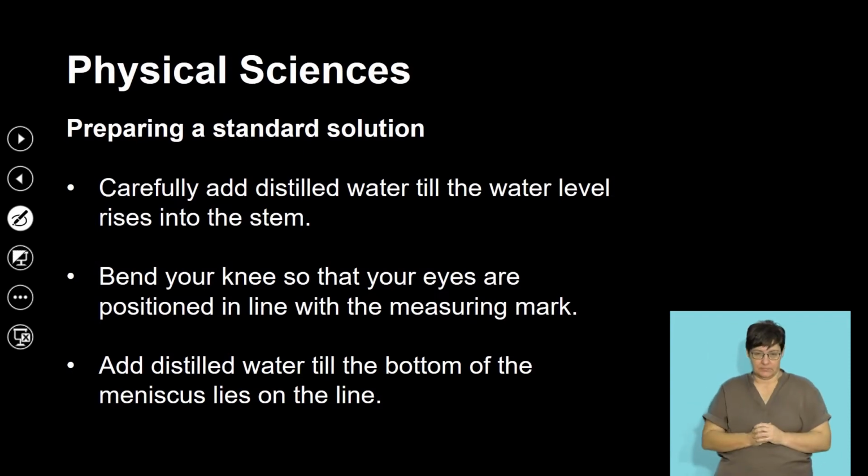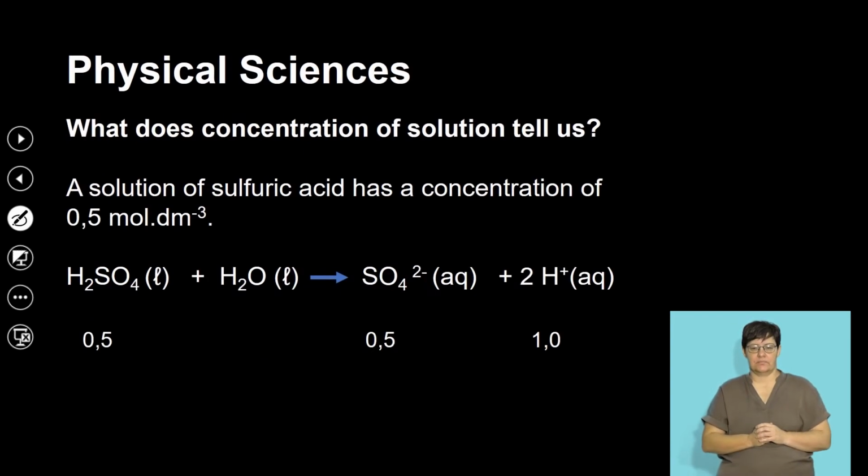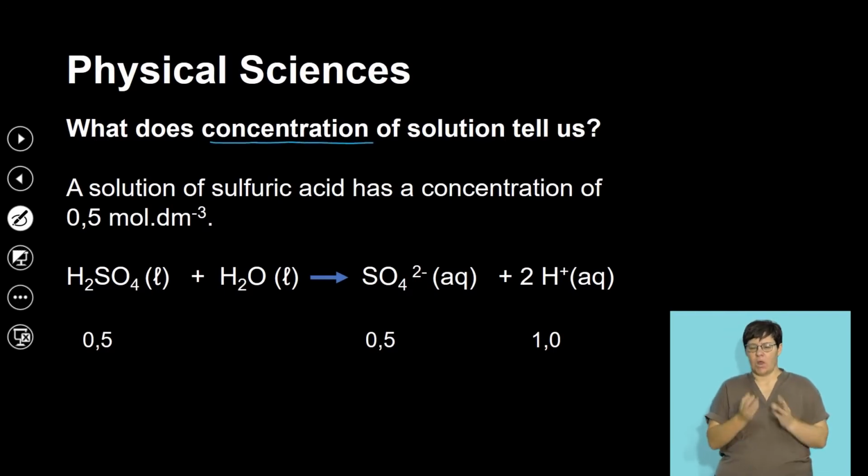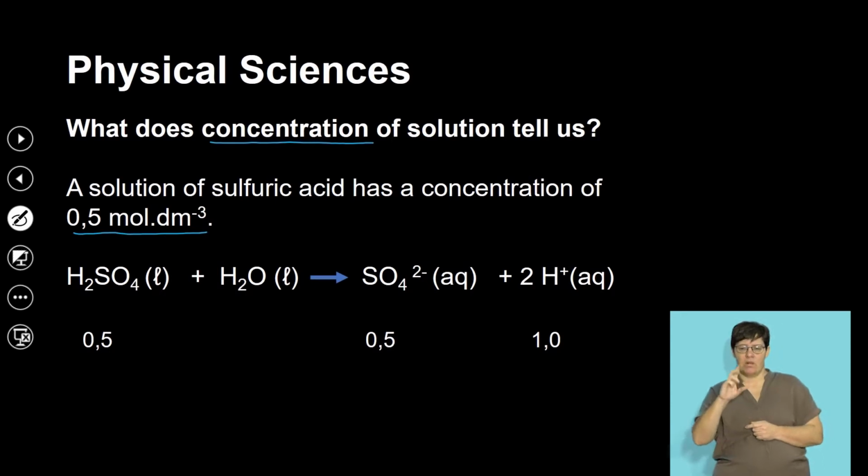Okay, right. And then we can also try to understand what exactly the concentration of a solution tells us, okay? Let's say, for argument's sake, we've got a solution of sulfuric acid with a concentration of 0.5 moles per cubic decimeter. So remember, this is an aqueous solution.